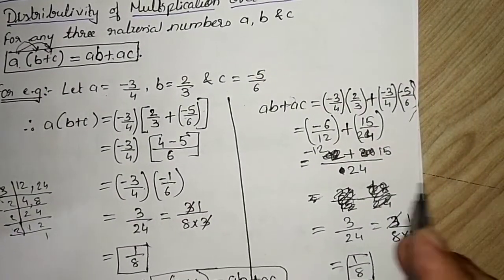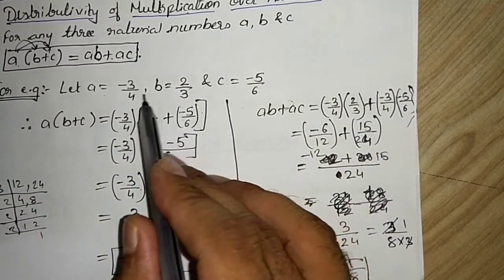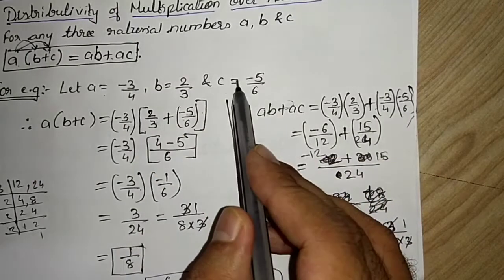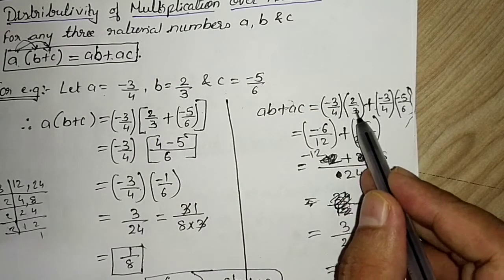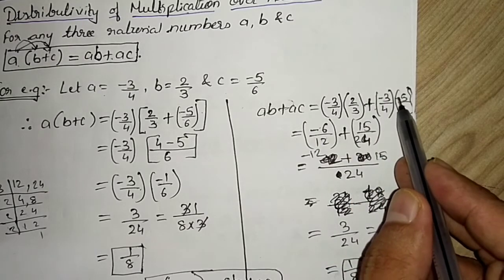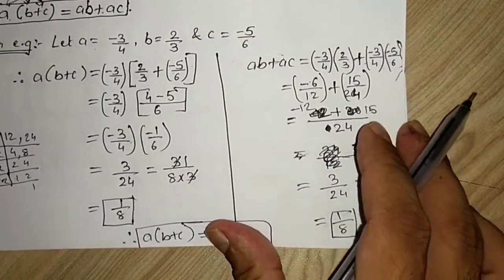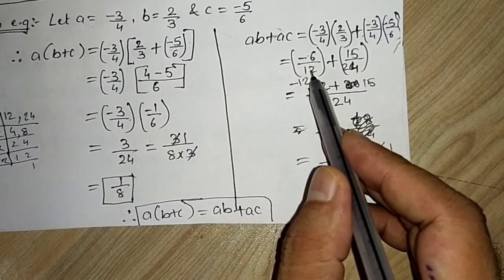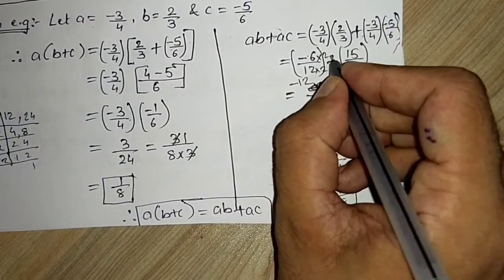Now let us see the RHS part. In the RHS, first we multiply a into b, then add a into c. So 3 twos are 6, 4 threes are 12. Then addition, and in the second product, minus into minus is plus, 3 fives are 15, 6 fours are 24. Taking the LCM of 12 and 24, it is 24. To make 12 into 24, I multiply by 2, so above also by 2.